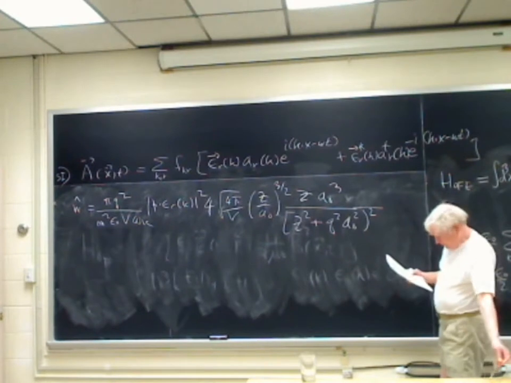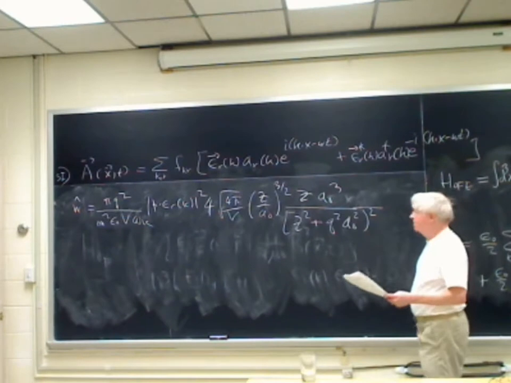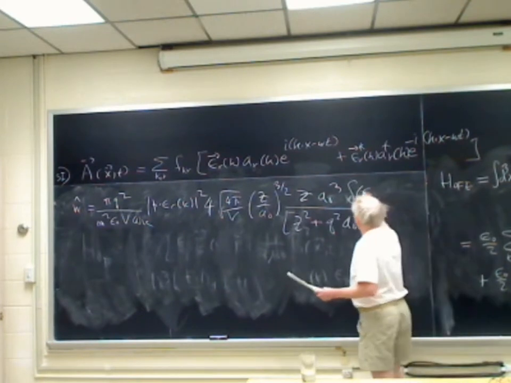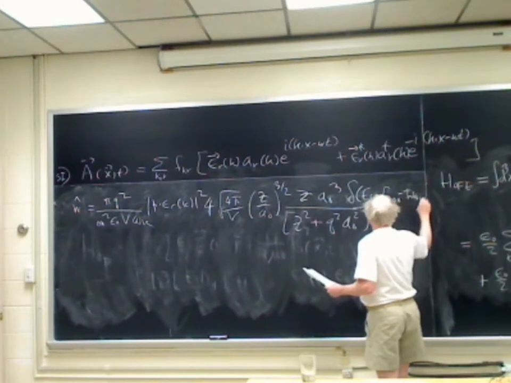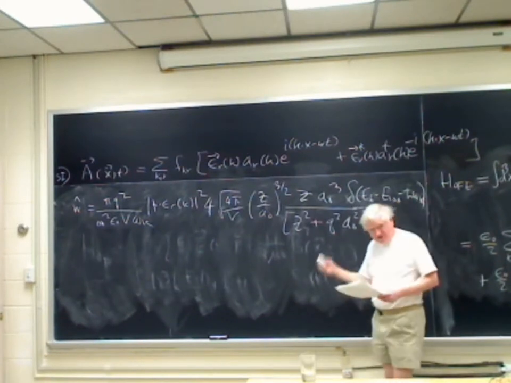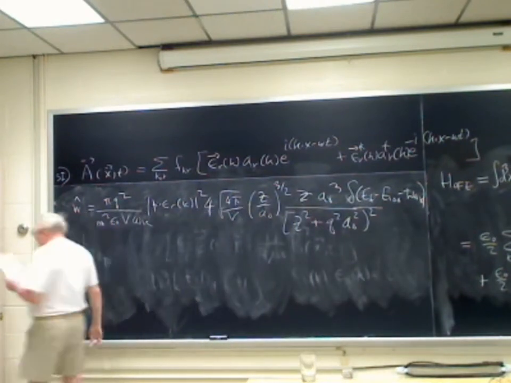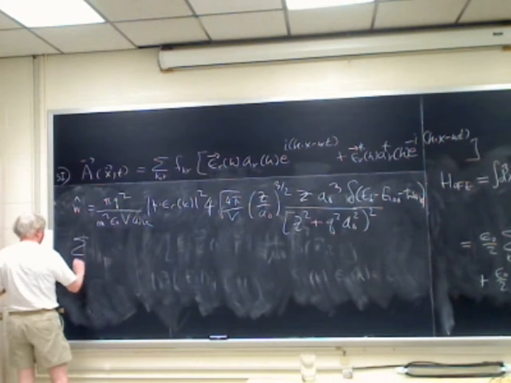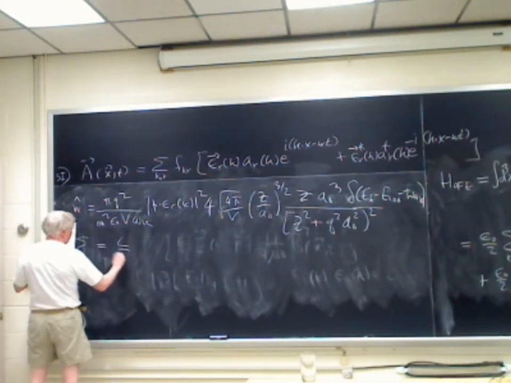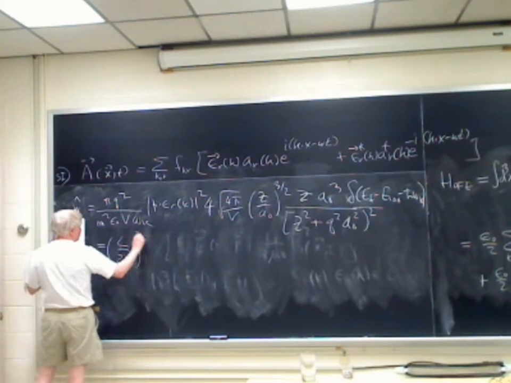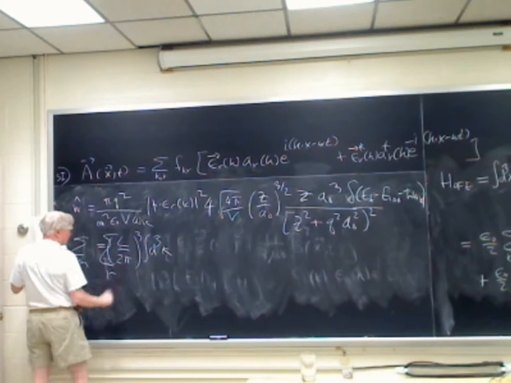Now, we have to integrate this over the final. Oh, I forgot the delta function. Delta of E final minus E100 minus h bar omega k. And we have to integrate this over the density of final states of the electron. And the sum over n goes to L over 2 pi cubed integral d cubed k plus a sum over the polarizations.